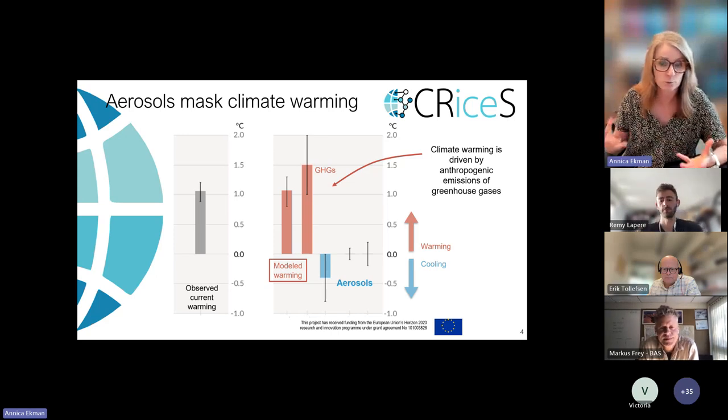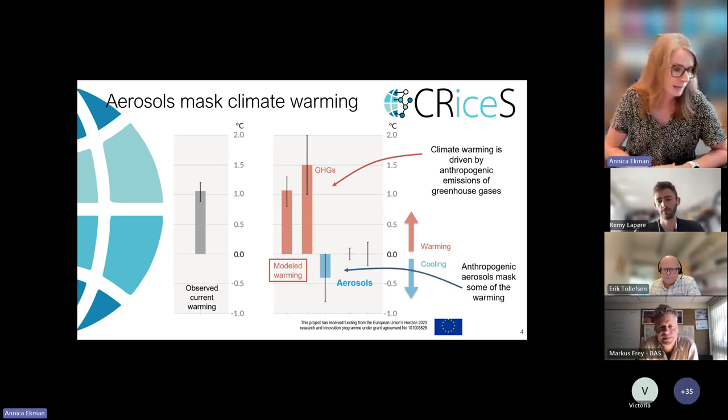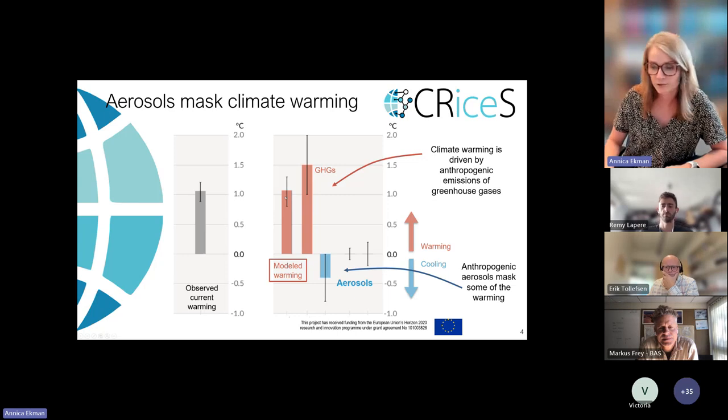That is what really causes the warming. But at the same time, we have anthropogenic aerosols that mask some of the warming. So we have both a warming component and a cooling component that together then results in the bit more than 1 degrees warming that we have currently.